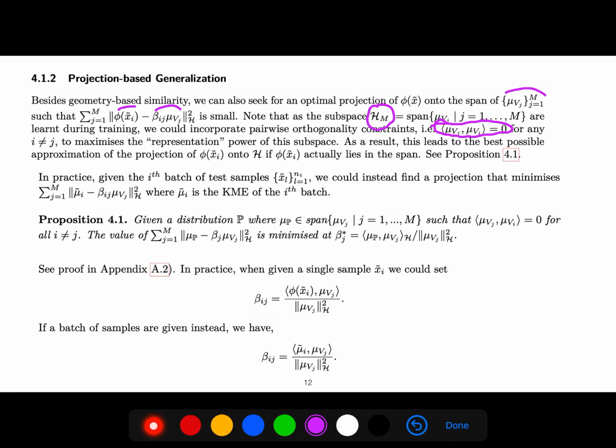So given a distribution, the mu is in span of this mu such that they are orthogonal, and the value of this sum is minimized by the solution of that, this beta star.